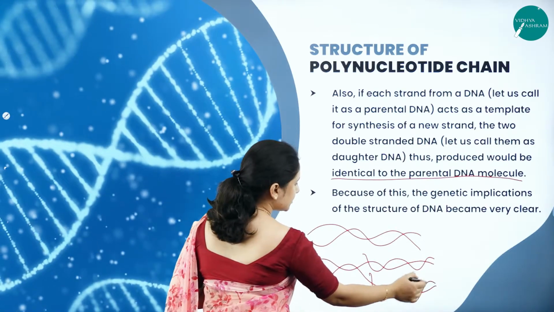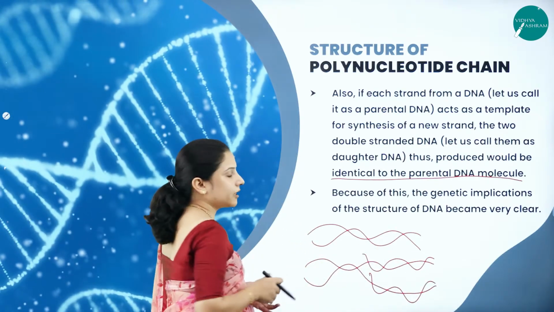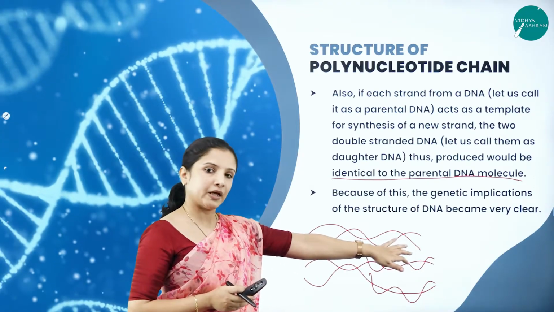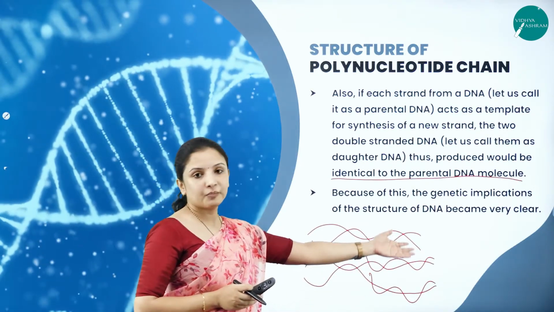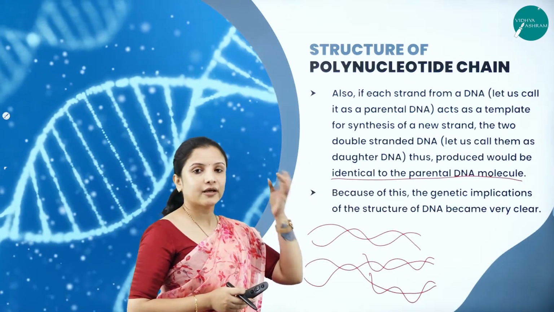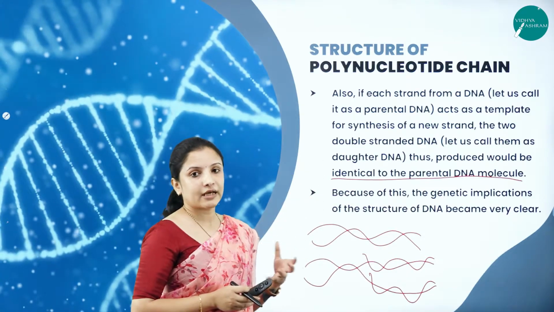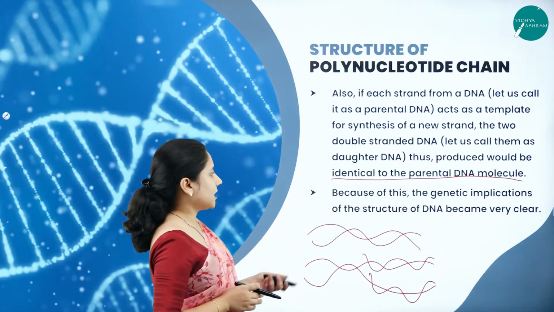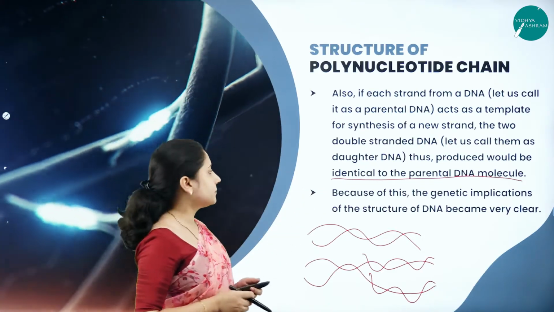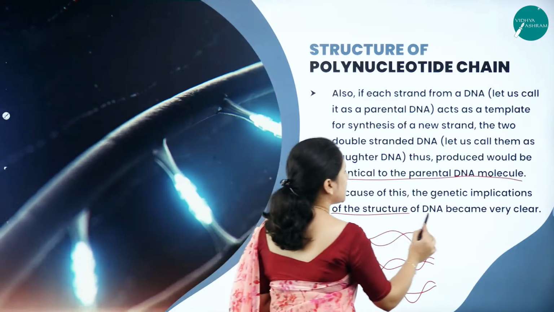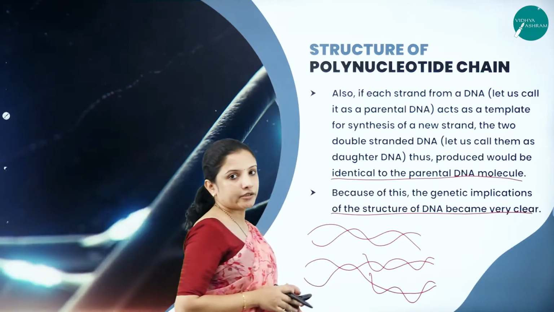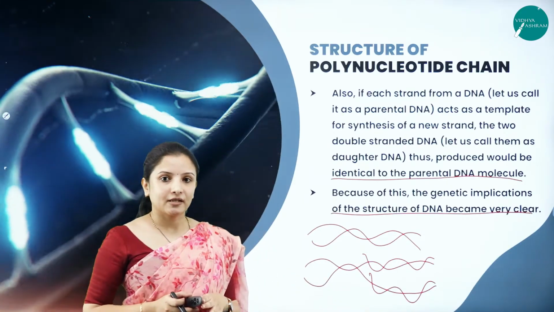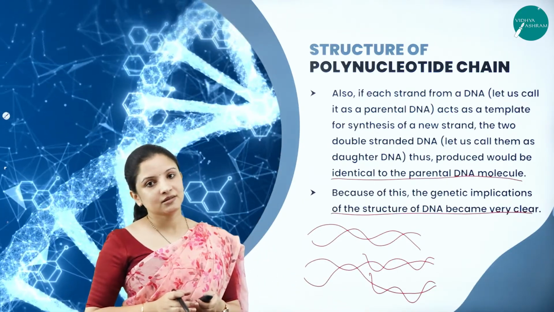When these daughter strands are forming, they will also be coiled with the parent DNA strand because of the base pairing character. So base pairing is one of the important characteristic features of the DNA, and because of this the genetic implications of the structure of the DNA became very clear. So, thanks to Watson and Crick and also one more scientist, Chargaff.